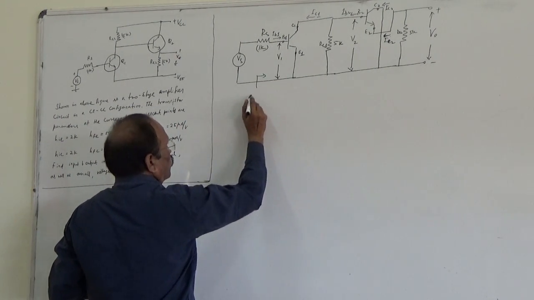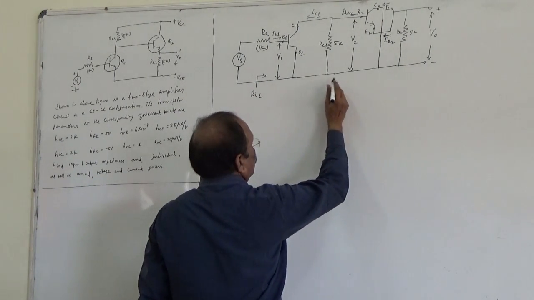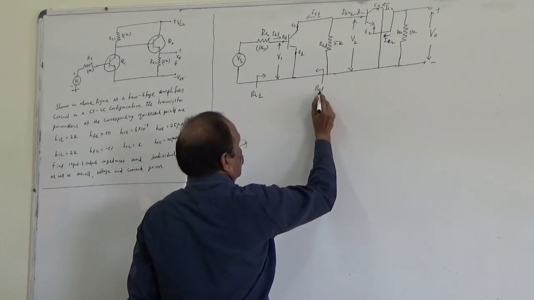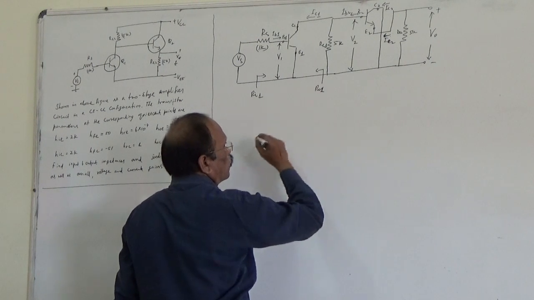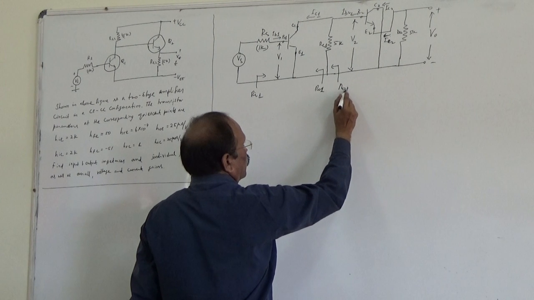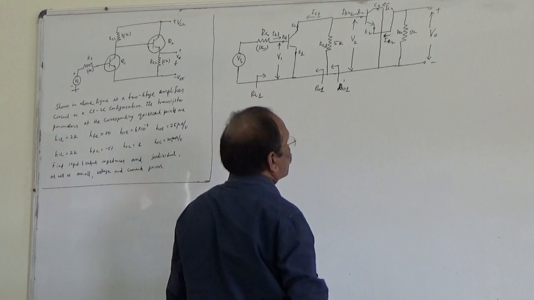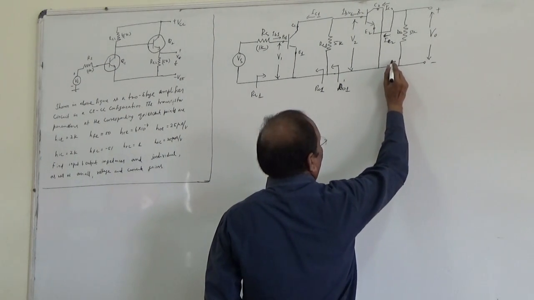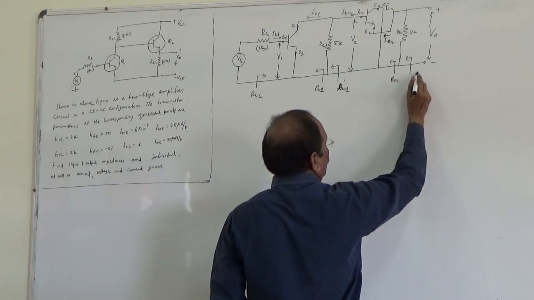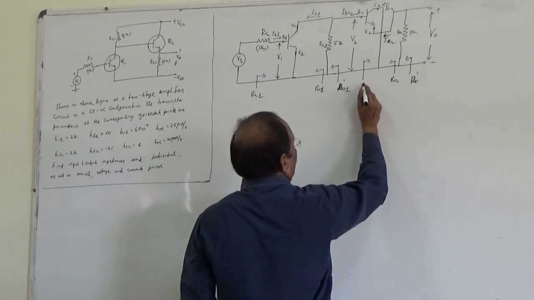Here you will have the input impedance of the first stage, and this will be the output impedance of the first stage, RO1. If you take this collector resistance into account, it becomes RO1 dash. This is RO2, the final output impedance RO, and this will be your Ri2.